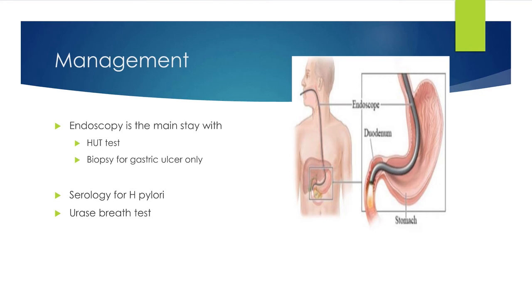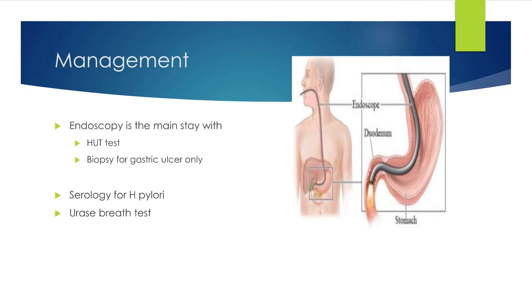pylori. We would take biopsies from the gastric ulcer, and there are two reasons. One of them is that if there is H. pylori, we might be able to see it microscopically, and the second reason is that we want to rule out malignant gastric ulcers because clinically it will not be possible to differentiate between the two.